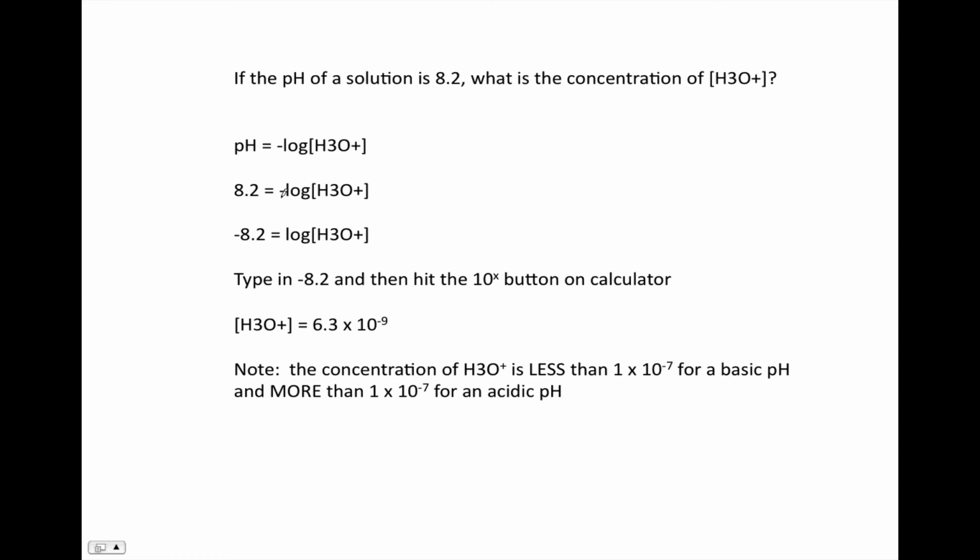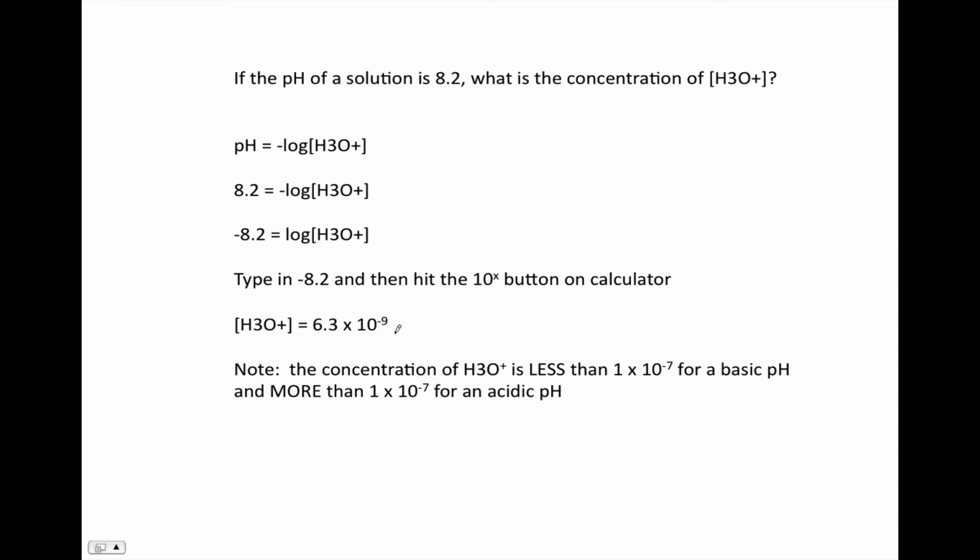To solve that, we multiply each side by -1. Then you get negative 8.2 equals the positive log of the concentration. When you type that in, if you have a scientific calculator, you hit negative 8.2 and then the 10 to the X button. Normally that's what it looks like. Then you find the concentration of H3O+ is 6.3 times 10 to the negative 9th.